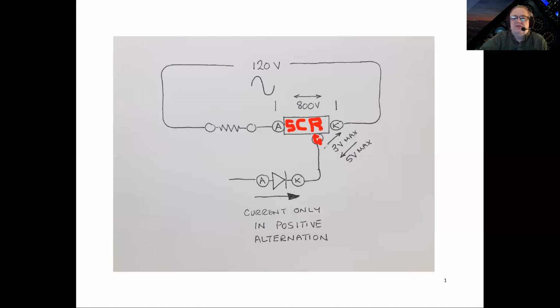If it goes backwards and you have more than 5 volts of voltage drop, chances are you're going to destroy the gate. So to make these work, they usually put a diode right there in series with the gate, and we call this diode a gate protection diode. It's there to make sure that the current can only go into the gate and not come back.